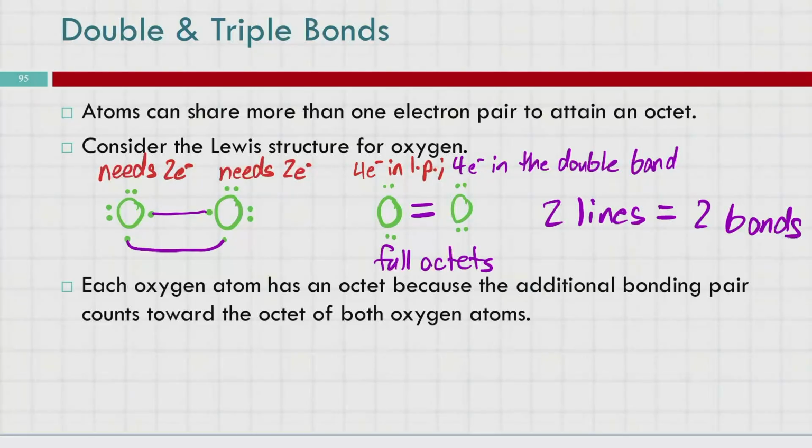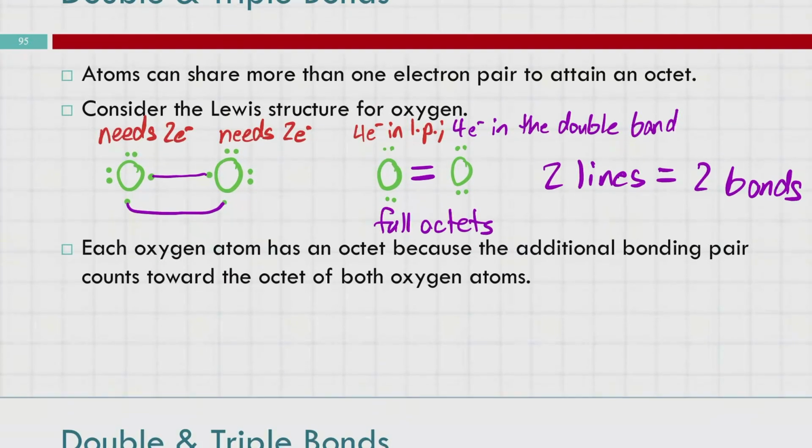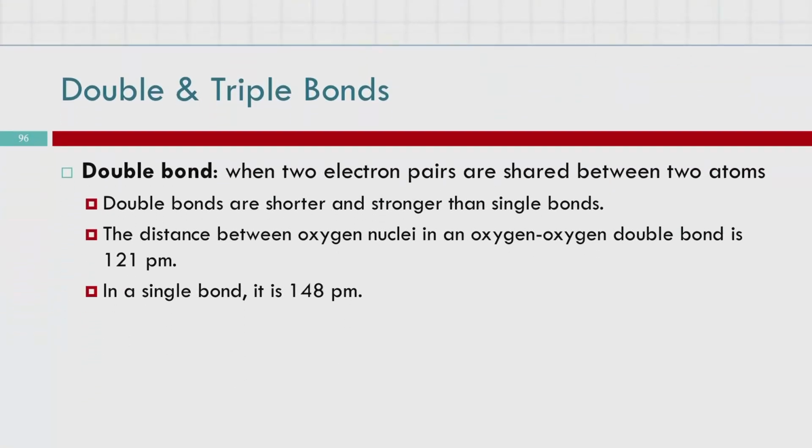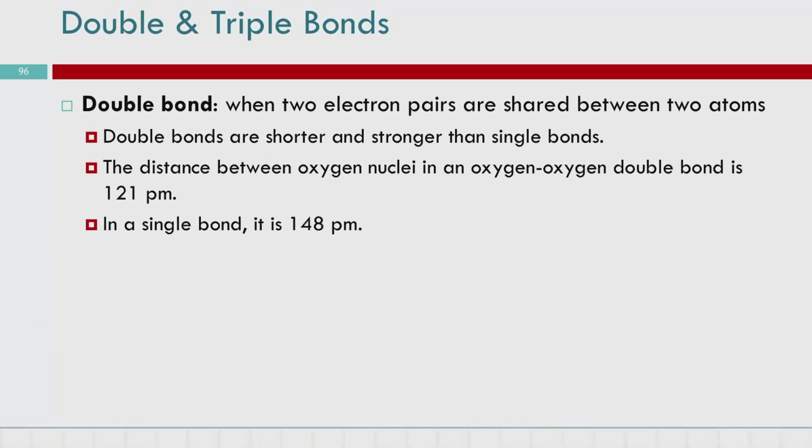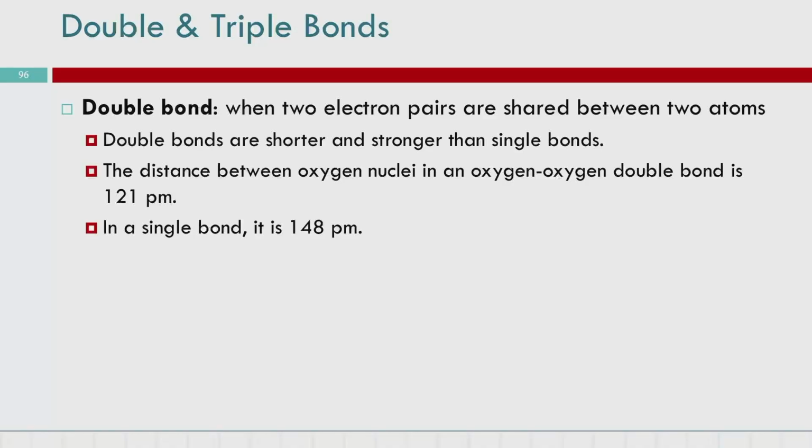How many lines do we think are in a triple bond? If the double bond's 2, how many is in 3? It's 3, sorry. I gave the answer away. Triple bond is going to be 3, and we'll look at that shortly. So the double bond is 2 electron pairs shared between 2 atoms.